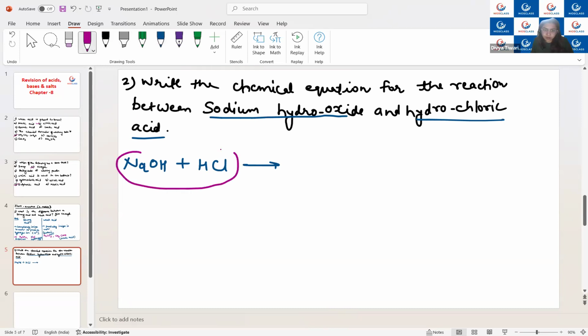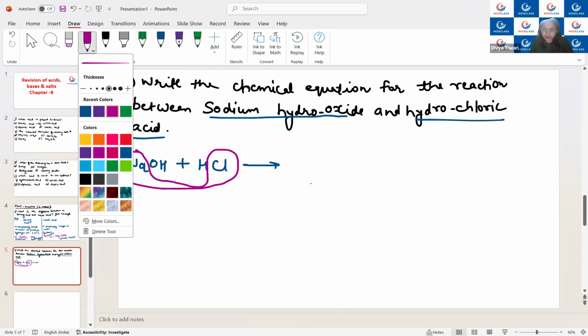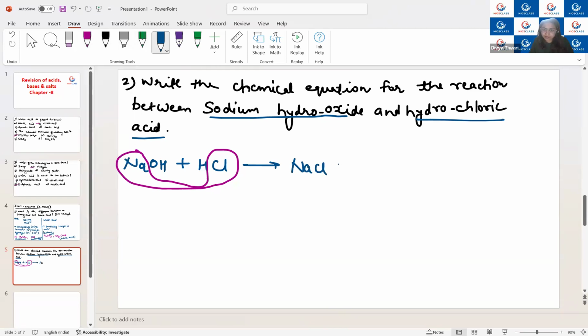Sodium will bond with this and H2O will be released out. So the final product we will be left with is NaCl plus water. So you can say salt plus water will be formed, and this we call a strong base, and this is a strong acid.